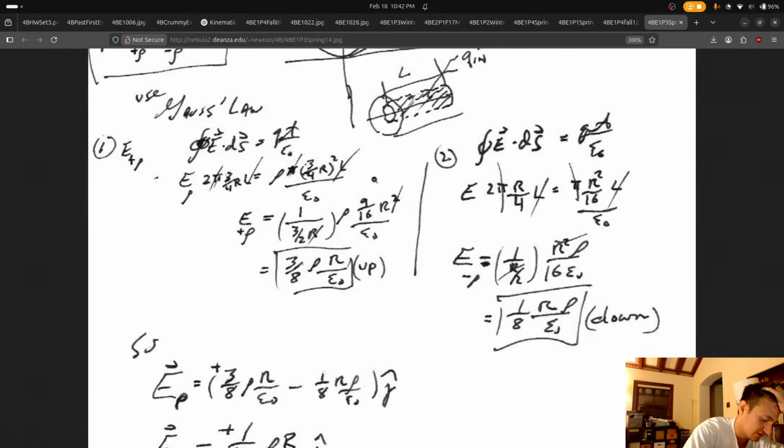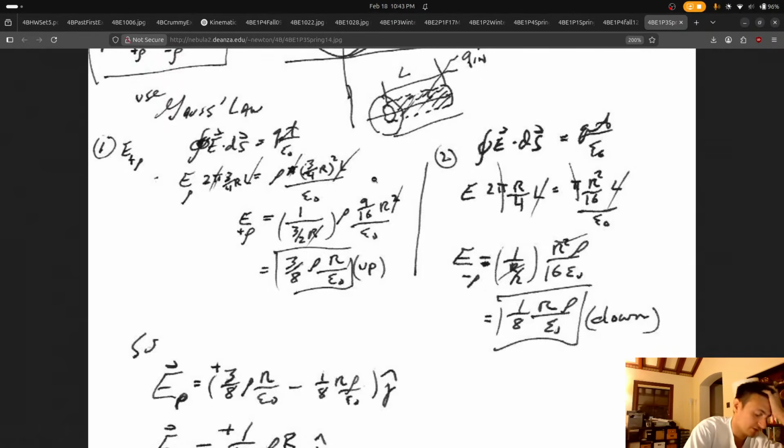You make another cylinder. You just do this. Okay, then you find E of R. So we're going to have rho R over 2 epsilon naught R hat.